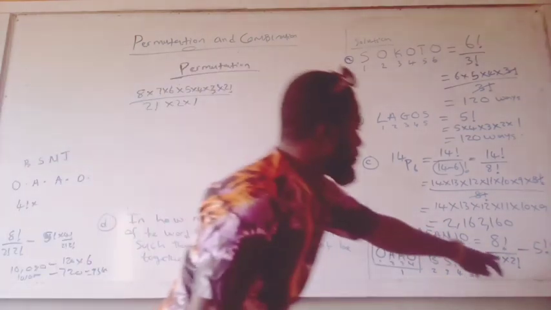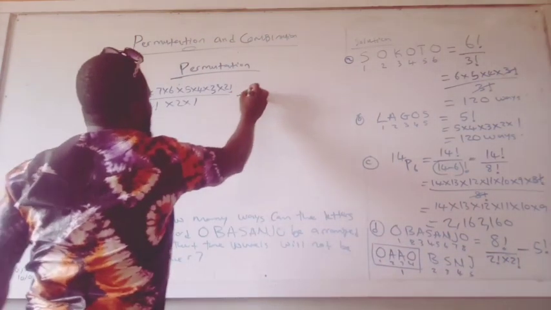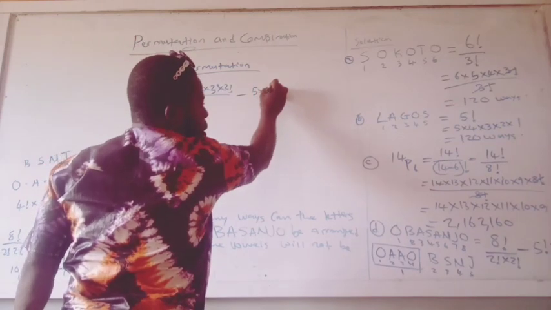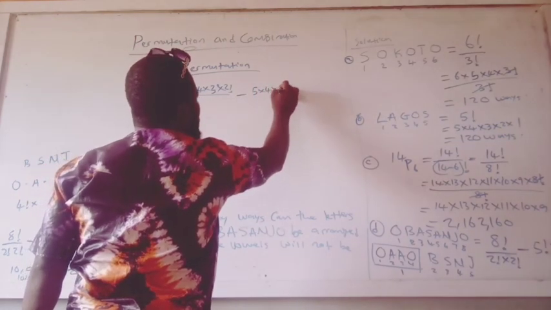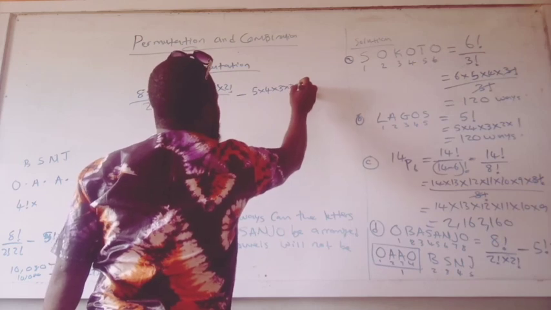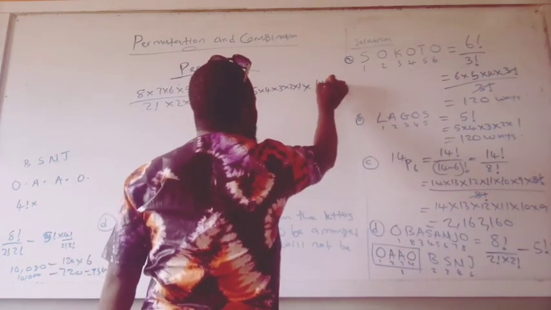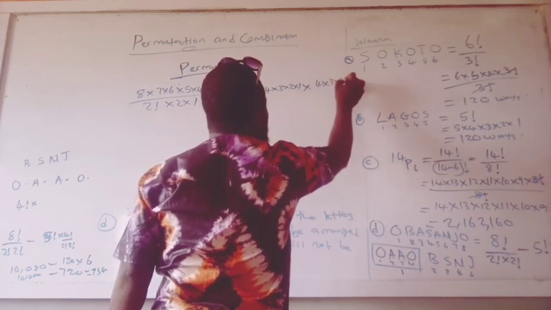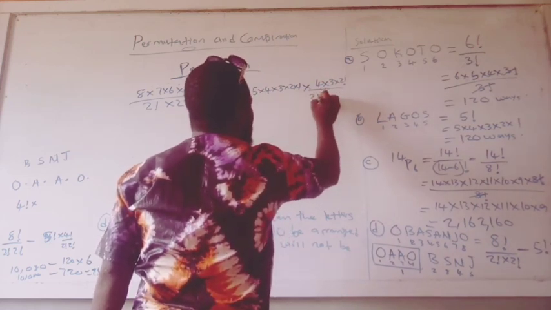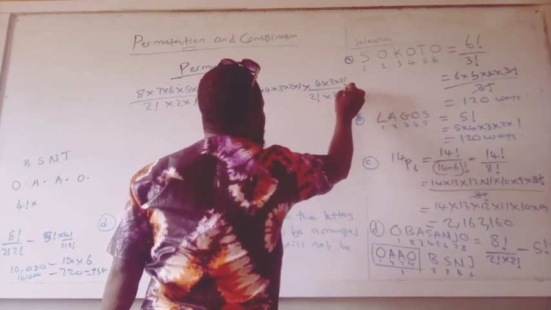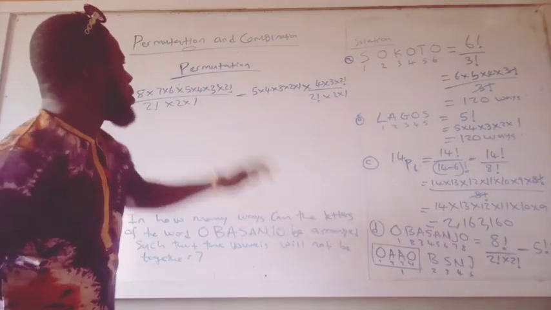So this is for this one. Then minus 5 times 4 times 3 times 2 times 1, then times 4 factorial, 4 times 3 times 2 factorial, all over 2 factorial times 2 times 1. That's what it will give us.